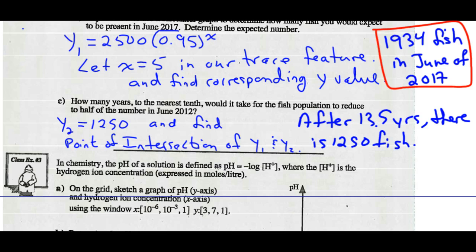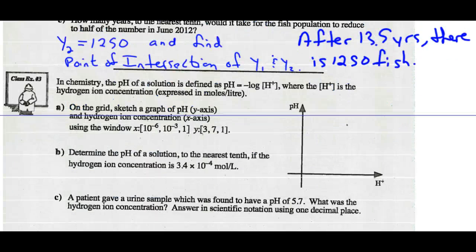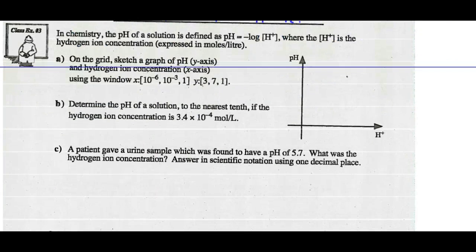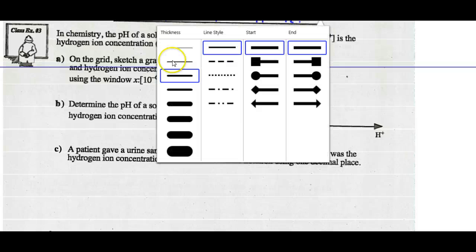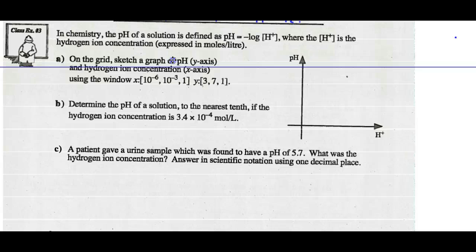Good. Let's look at example 3. Let's read through this question. In chemistry, the pH of a solution is defined as pH equals the negative log of H positive, where the H positive is the hydrogen ion concentration expressed in moles per liter.